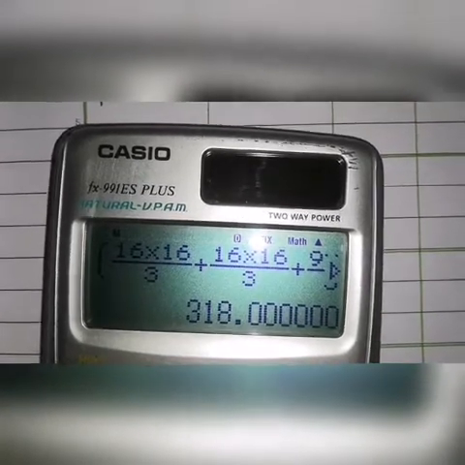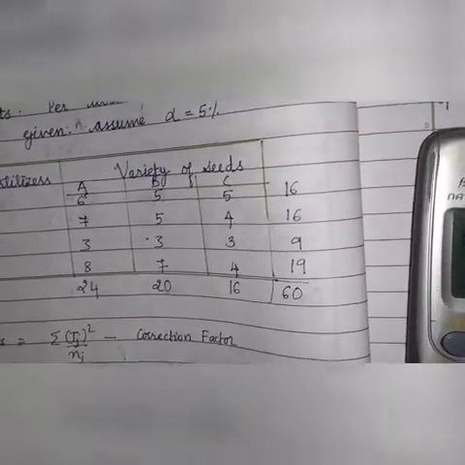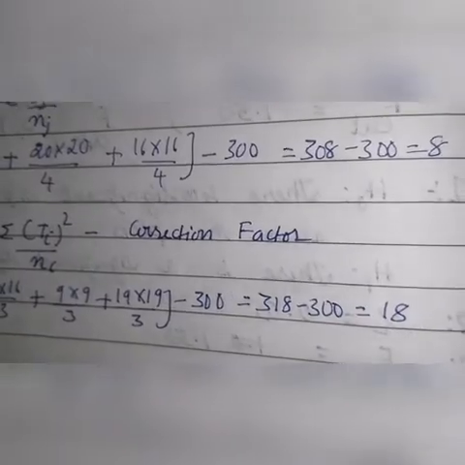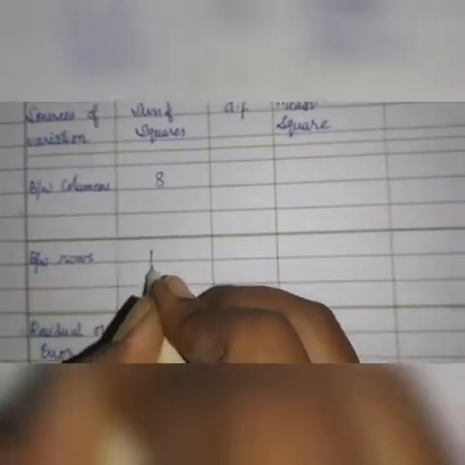So this is equal to 318. So 318 minus 300 is equal to 18. Okay. Now the next step, this is equal to 18 here.